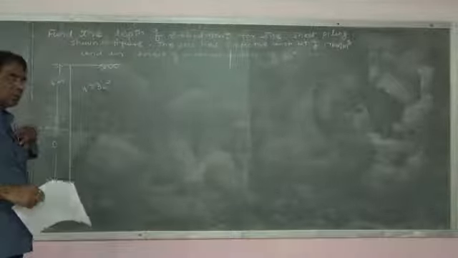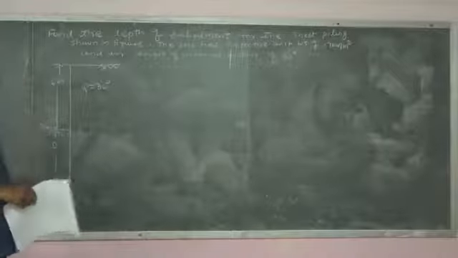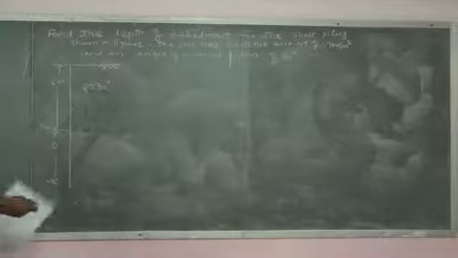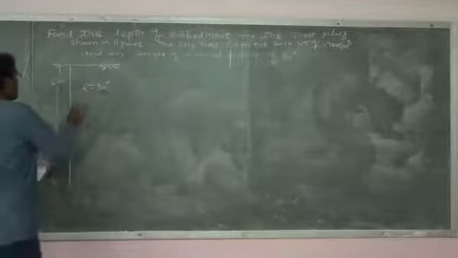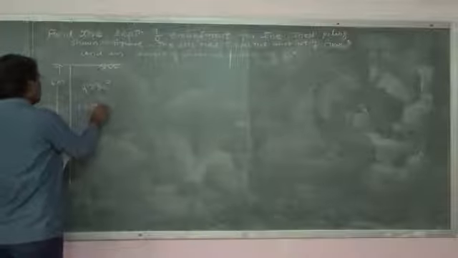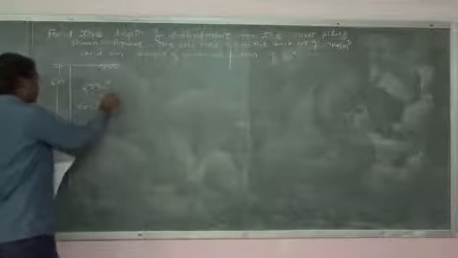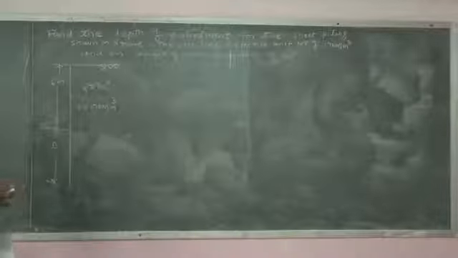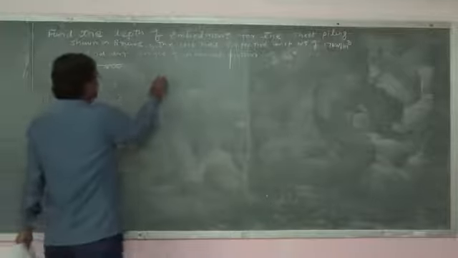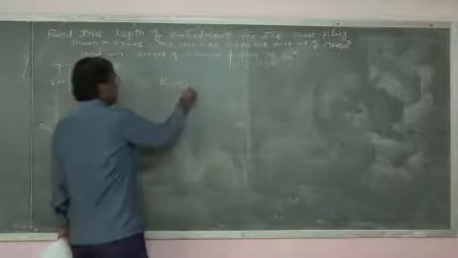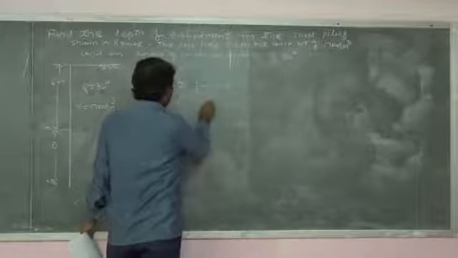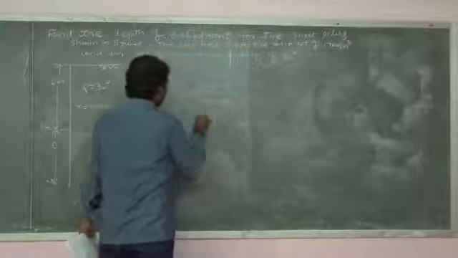Now you see here, phi is equal to 30 degrees is given, and gamma is also given, 17 kilonewton per meter cube. Now we know that Ka and Kp are required here. Ka is equal to 1 minus sine phi divided by 1 plus sine phi.